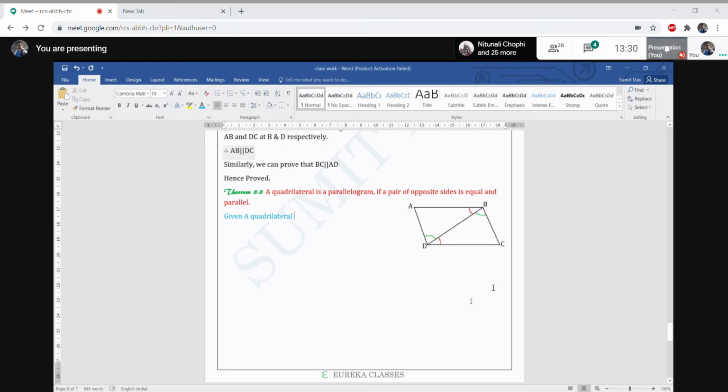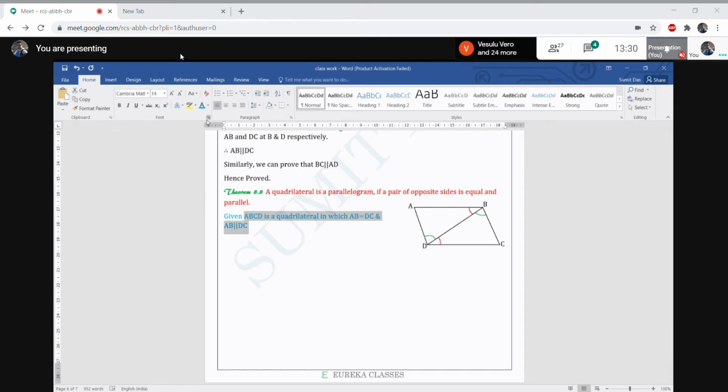So what is given? It is given that ABCD is a quadrilateral in which AB equal to DC and AB parallel to DC.